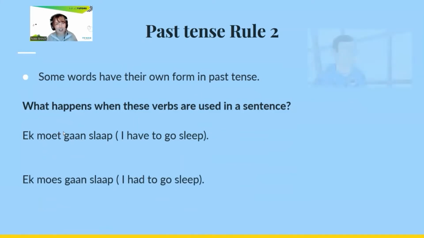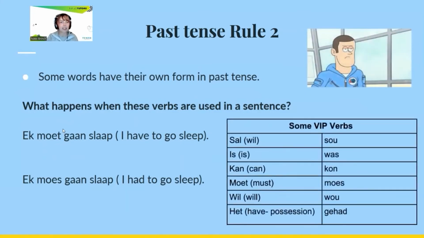It is a VIP, it has its own form in the past tense. Some other VIP verbs, if we can call them that, this is not all of them, are words like sal, which becomes sou. "Ek sal swem", I will swim, becomes "ek sou swem", I would have swum. So that's how they change.